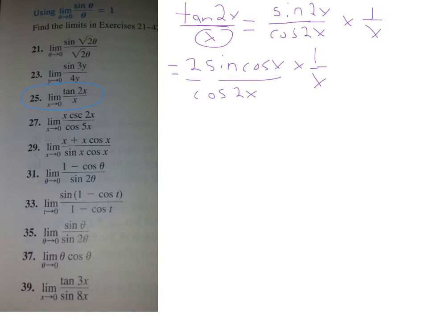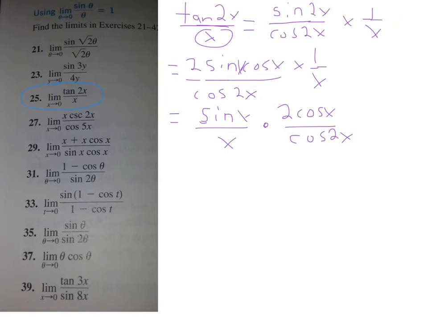If we rearrange this a bit, then I've got the identity sine x over x times 2 cos x over cos 2x.